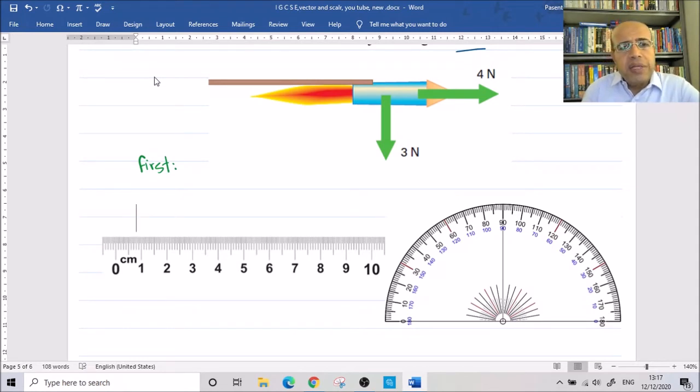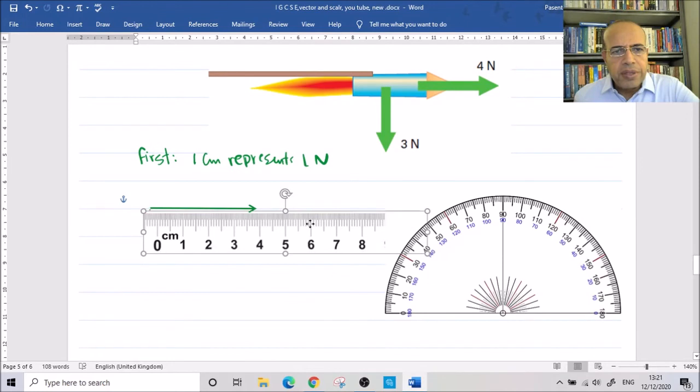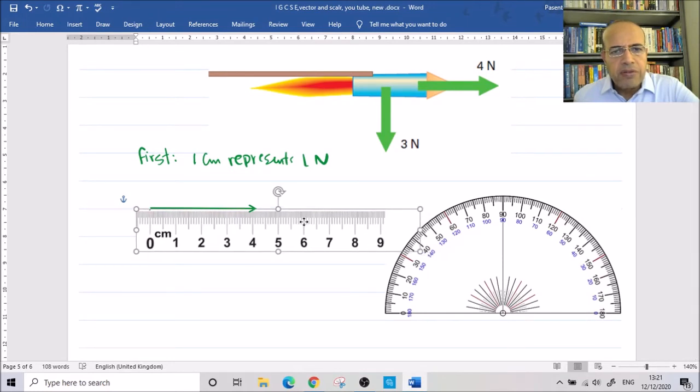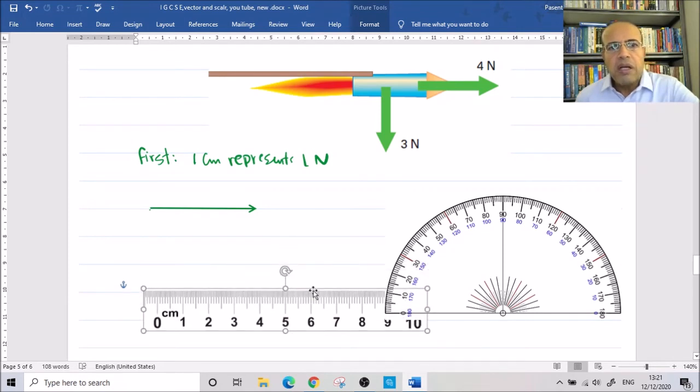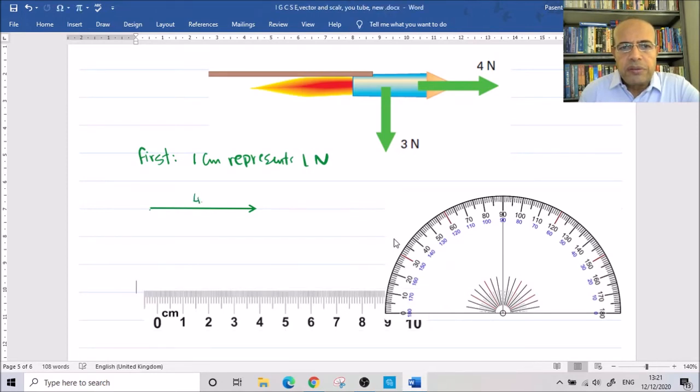The scale drawing is 1 centimeter represents 1 Newton. Then we draw a ray of length exactly 4 centimeter. So this ray represents the force 4 Newton.